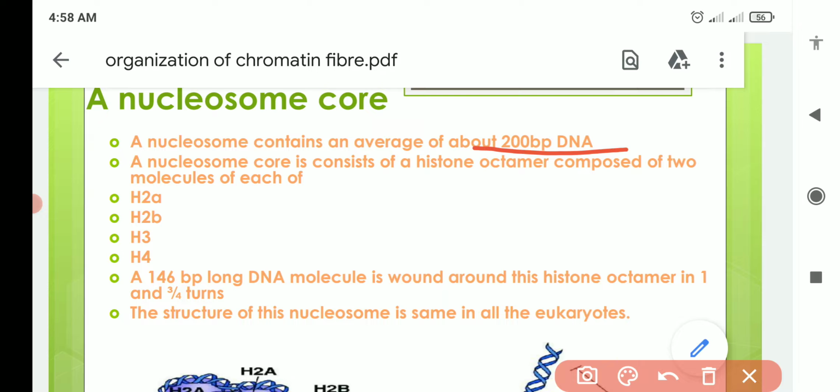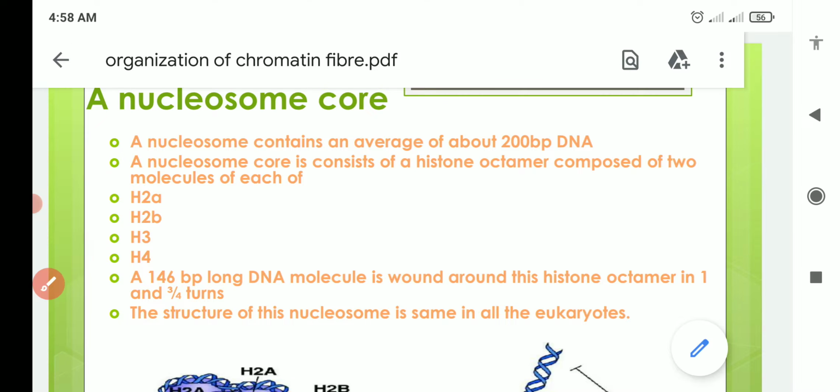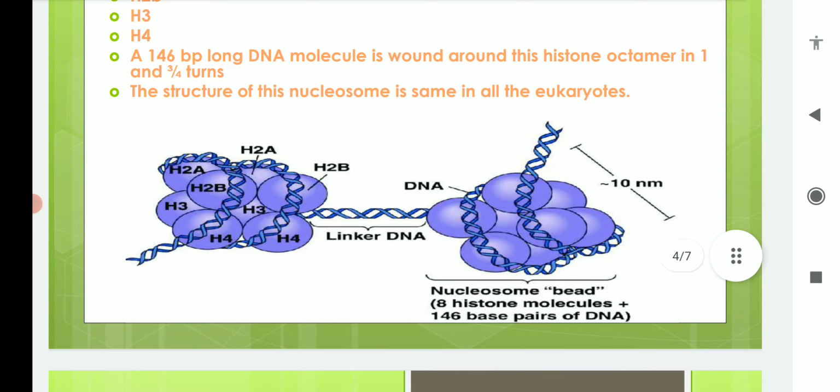And this nucleosome core consists of a histone octamer, which is composed of 2 molecules each of H2A, H2B, H3, and H4 histone proteins. In this image you can see the octamer.